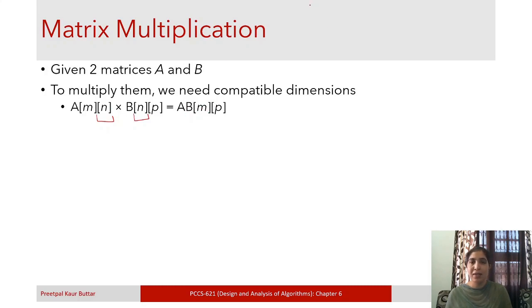Okay, so let us take an example. Suppose A is 2 cross 3 and B is 3 cross 2. So here the number of columns in A is equal to the number of rows in B. So we say that A and B are compatible for matrix multiplication.